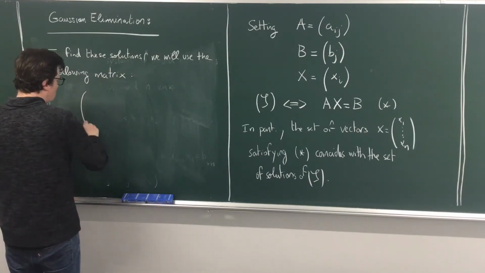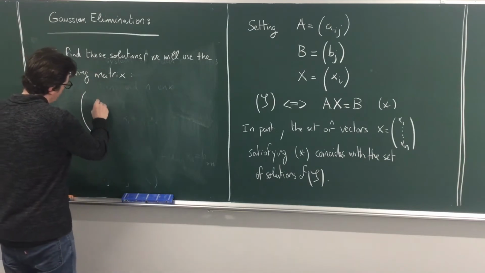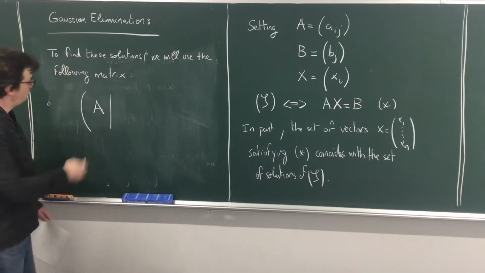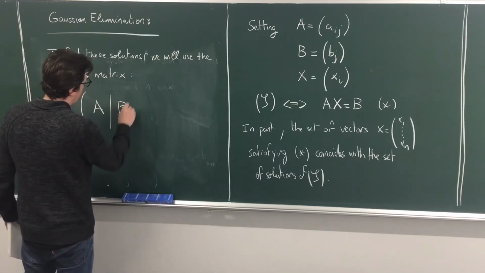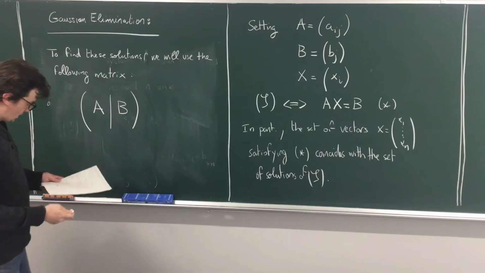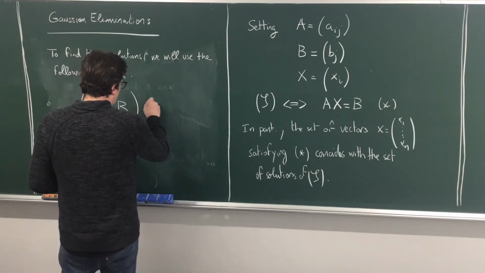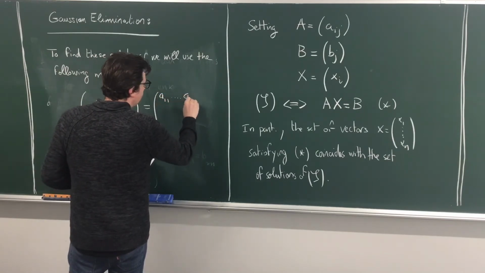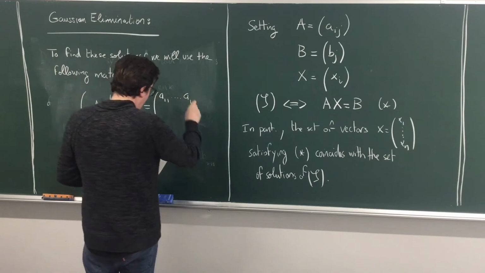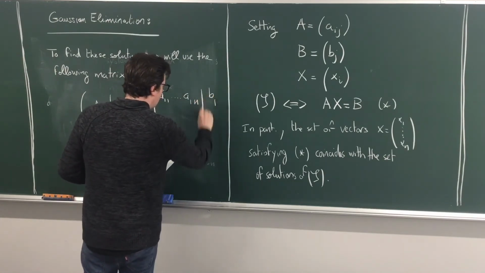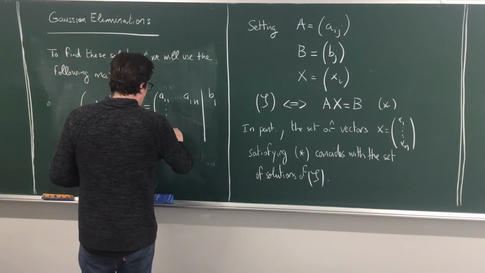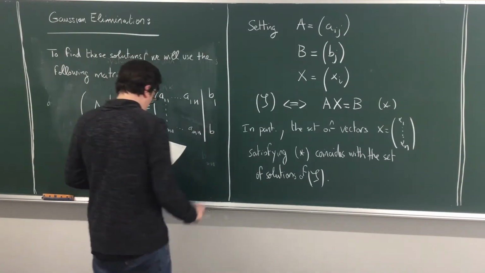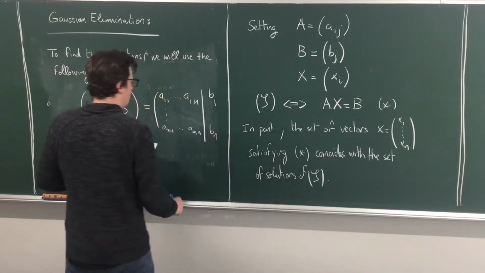Okay, so first of all, in the first part, we take A. Then we will write a vertical bar and we will write the other data B. This amounts to writing down a11, and here you have a1n, and then b1, am1, amn, and then here you have bm.